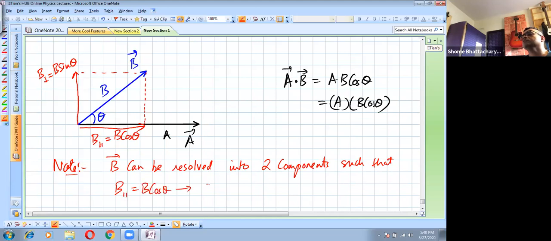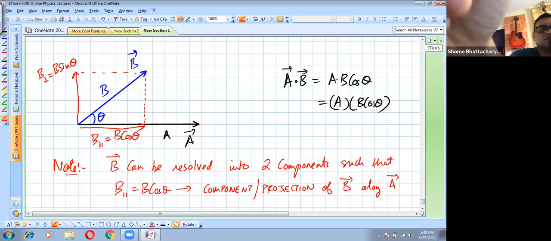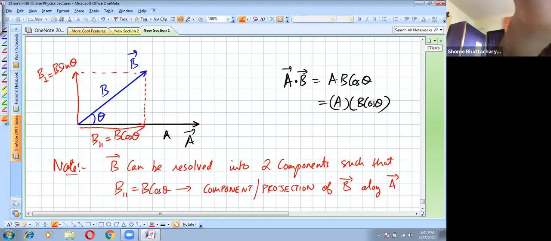This is the component, or you can say projection, of the vector B along the vector A. Instead of along the x-axis, now that is the vector A. The x-axis may not coincide with it. It all really depends on where I have placed the x-axis.